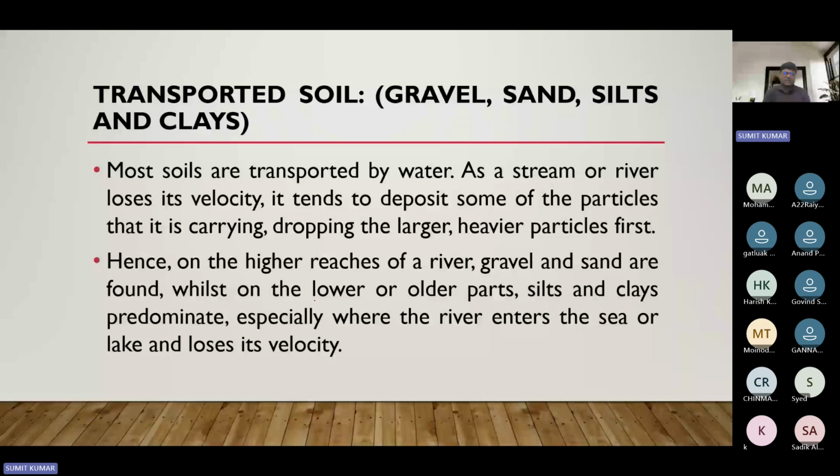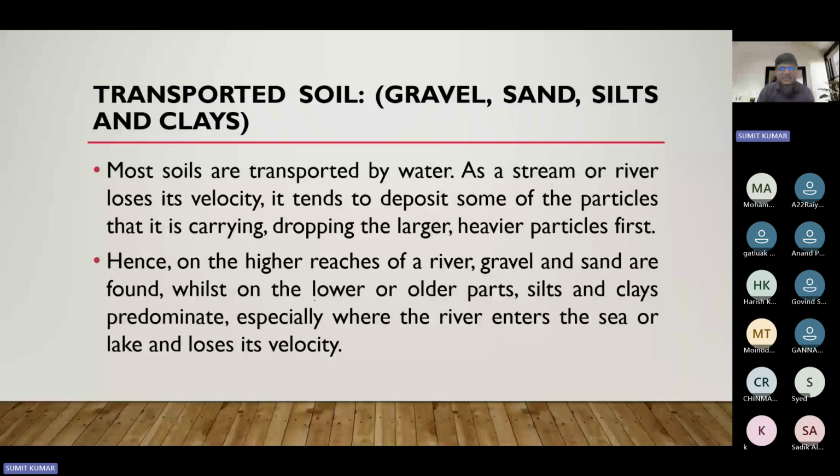as is understood by everyone: suppose a river comes out from a specific place, initially it drops the larger heavier particles, and those larger heavier particles are nothing but the gravels and sand particles.